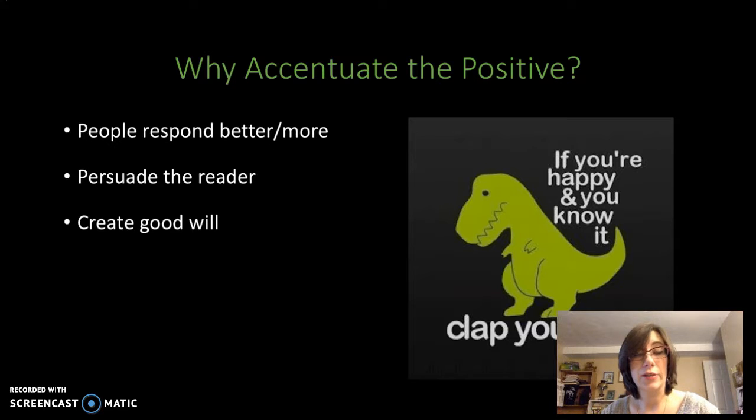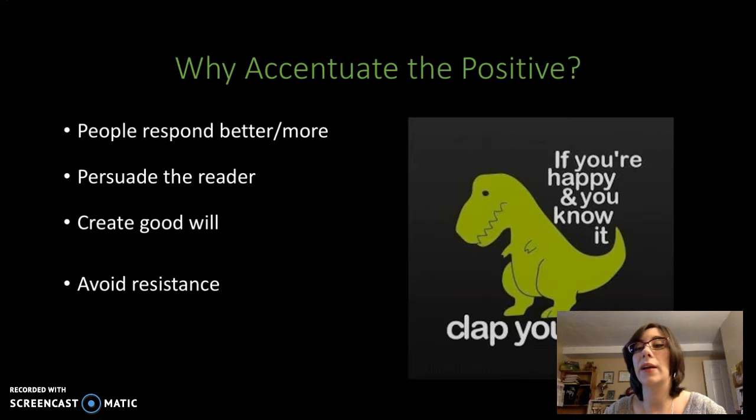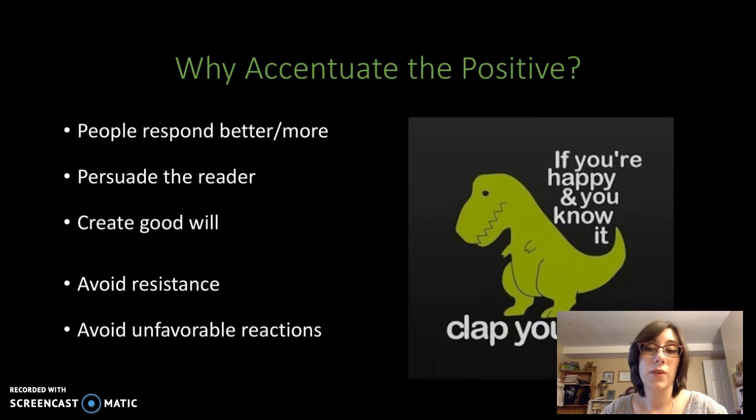This will often create goodwill. And you want to avoid reader resistance. You want to avoid customers who will come back at you again and again with their complaints, or take it above you, or lodge some kind of online complaint. So these are all reasons to write a business letter that accentuates the positive, even if you have to say no to what they requested.